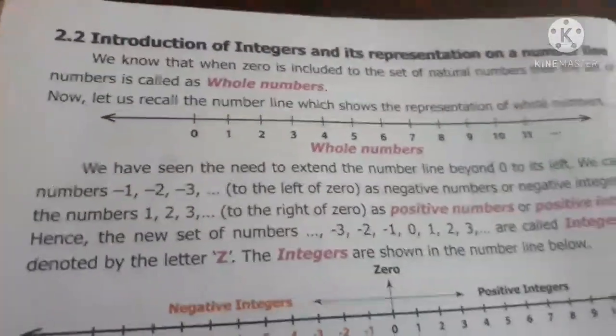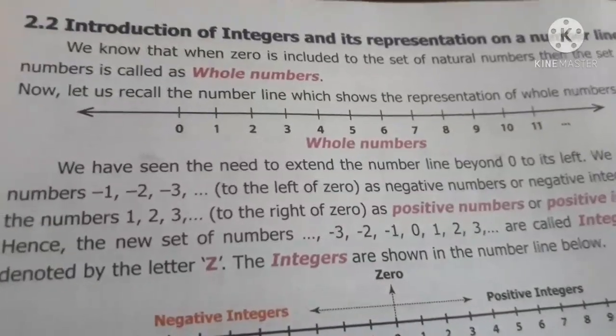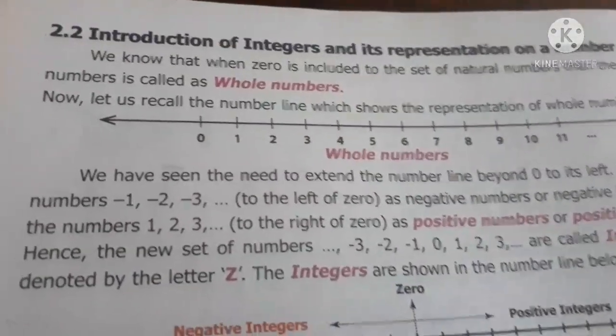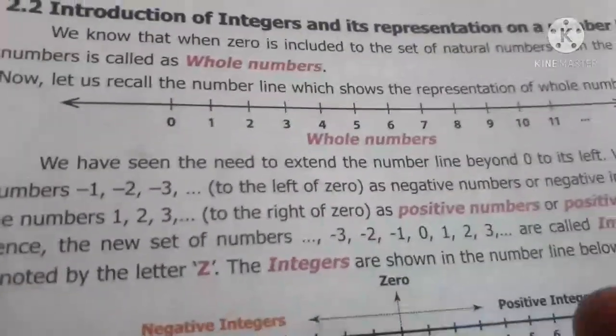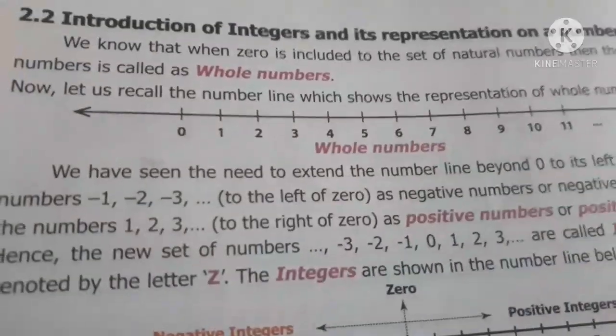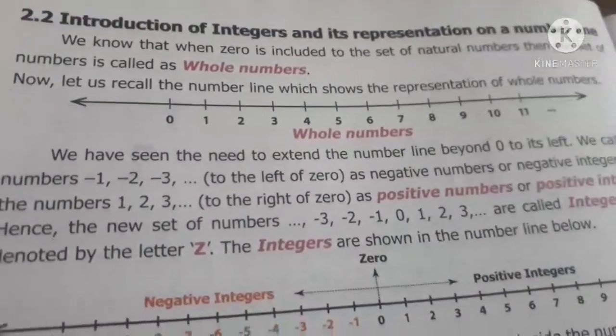See, now let's see how to represent a negative number. If we say the numbers starting from 1 till infinity, you know the numbers will not end at all. It has no end, so it will go till infinity.